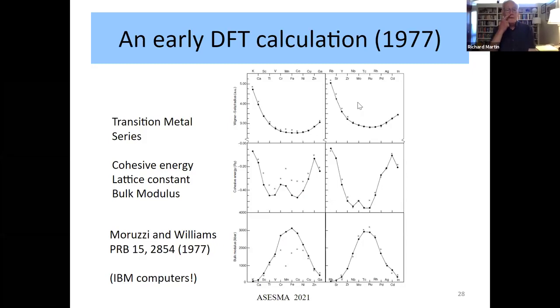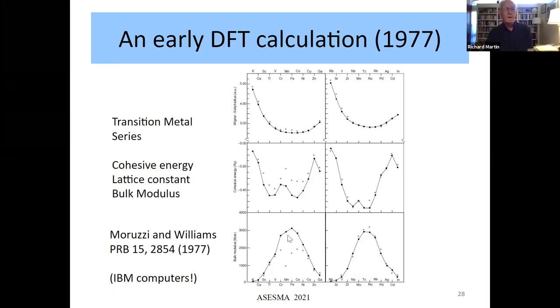So let me give you two examples. One is the first that I know of that really set this field in motion in a practical sense. I think this is the first calculation that was convincing that density functional theory really can do something useful quantitatively. This is a set of transition metals, the 3d and the 4d, calculating the density, which is actually proportional to the lattice constant, comparing the theory and the experiment, the crosses.